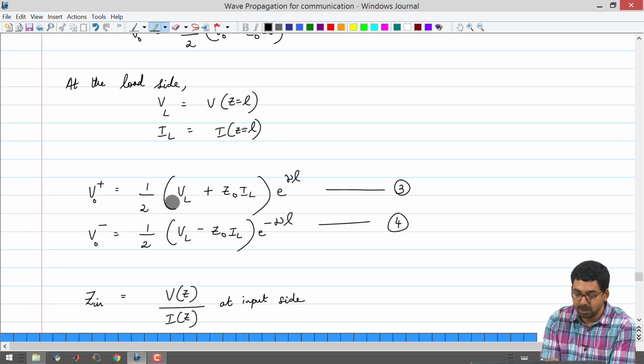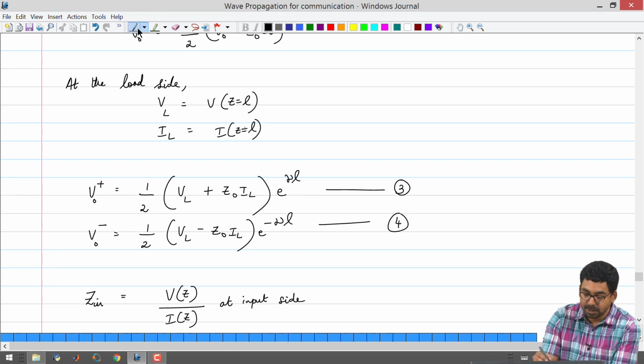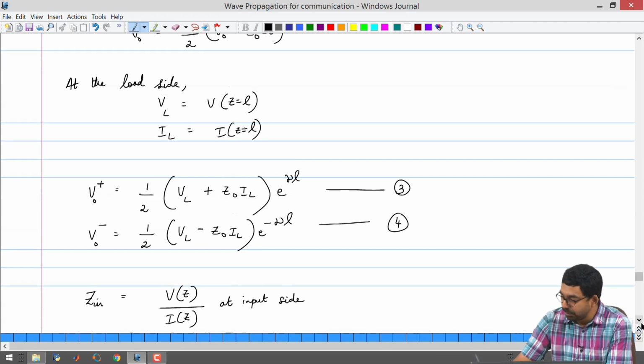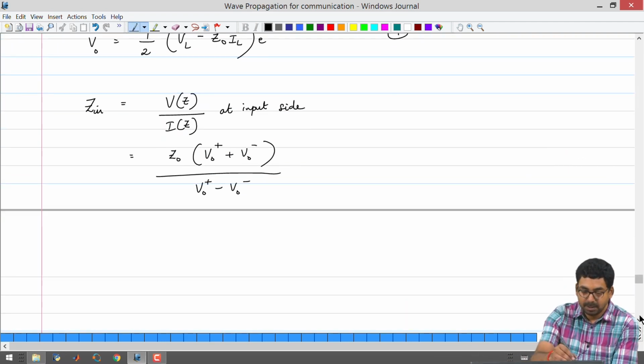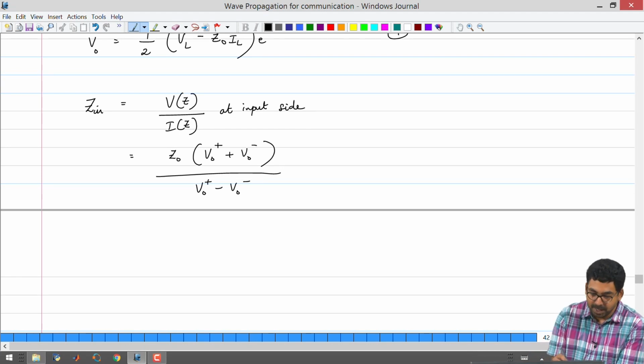Same way, using the load side parameters you are able to estimate the backward voltage reaching the source side. So, you may very well make use of this information and plug it into the expression for Z in, and that will make it look a little bit tedious, that is all.